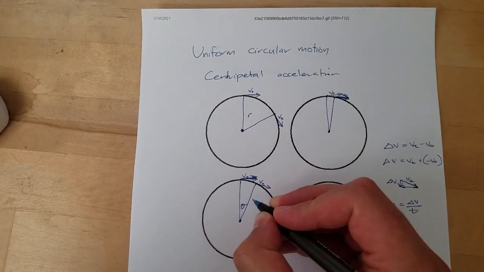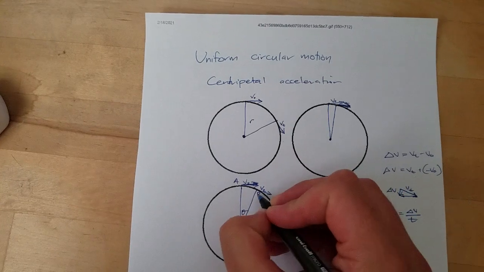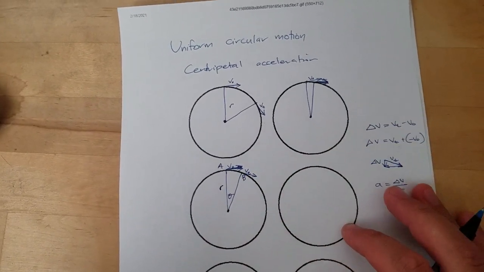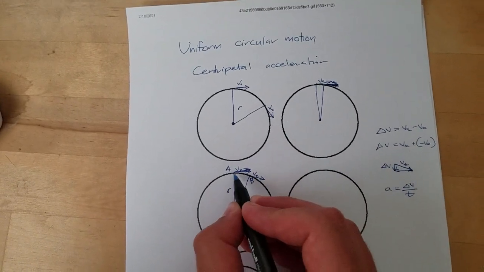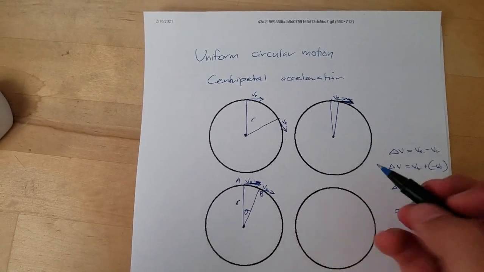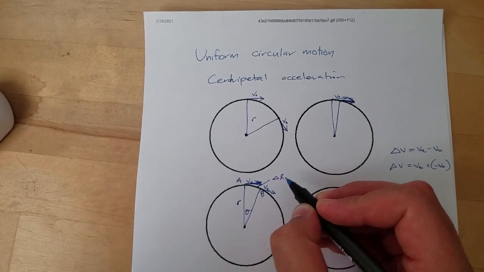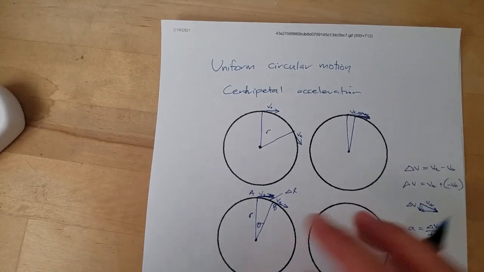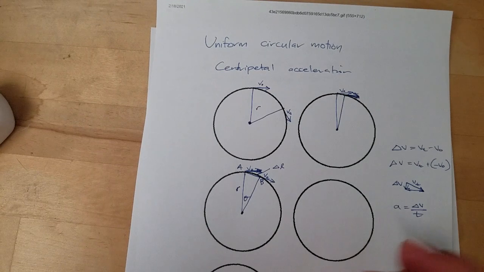If it goes through some angle theta, and we'll call this point A and point B, with radius R, I'm going to define the length from A to B along the arc as delta L. And we can also think of the distance between A and B in a straight line, which looks like that. And they're ever so slightly different.